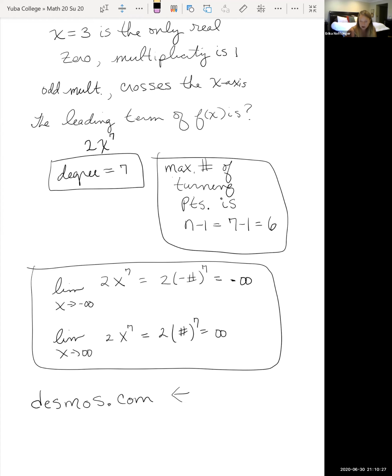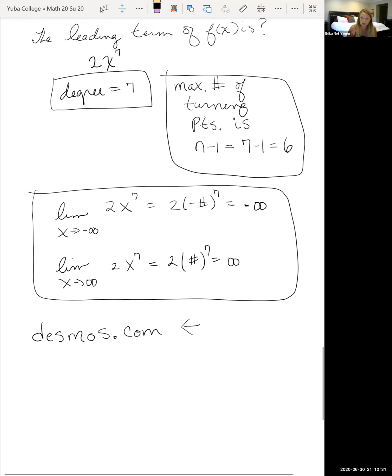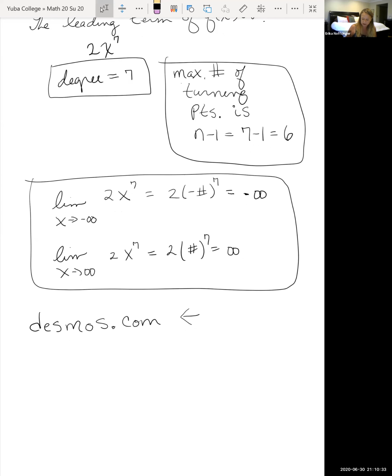This has a couple cool features, and it would also be helpful in calculus. And if you're going to take my calculus class in the fall, this is something we'll be using sometimes when we're looking at limits. But anyways, Desmos.com is a good graphing calculator. I'm sure there's many other ones on the internet that will also work good too.